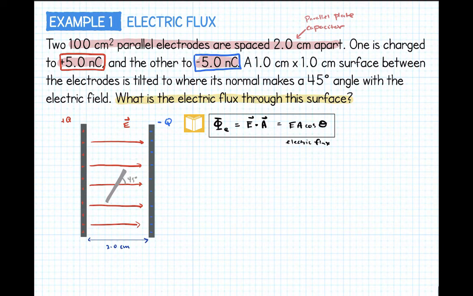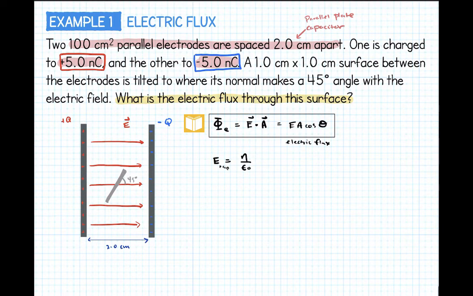And this is what we're trying to find. So in order to figure this out, we need to figure out the electric field first, and then the area of the surface. The electric field is going to be the electric field for a parallel plate capacitor, which is eta over epsilon naught. Remember, eta is the surface charge density.